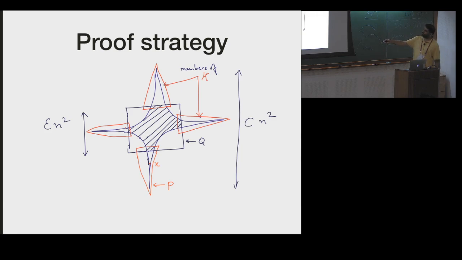We don't care about the cube because we just want to show that most points are inside. But we want to cover every point in these tentacles by a convex polytope, such that the total mass of all these convex polytopes divided by the mass of this Pn of S is little o(1). That will ensure that most of the mass is inside this cube, because everything else has been covered by a small total Lebesgue mass set.